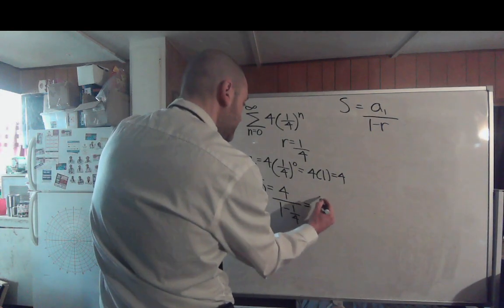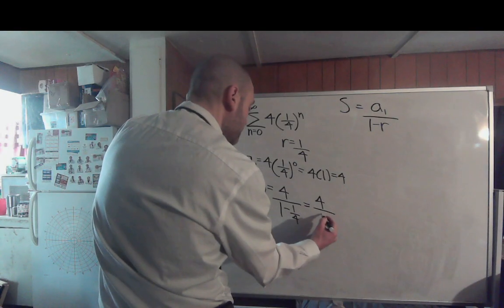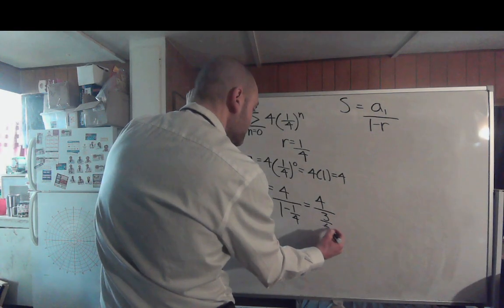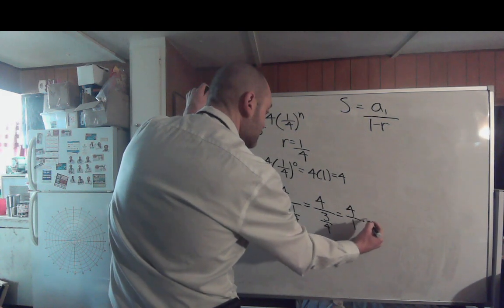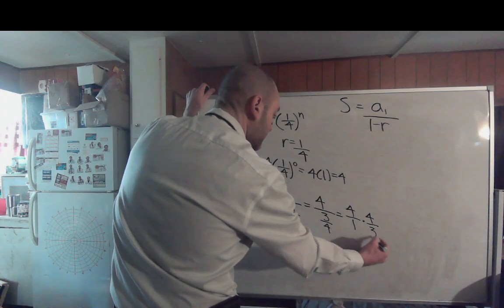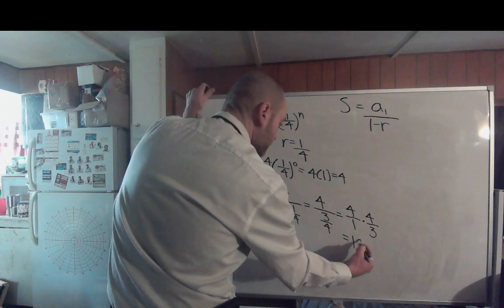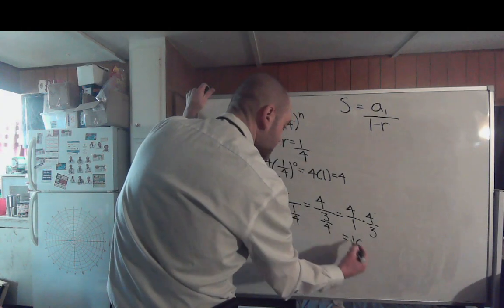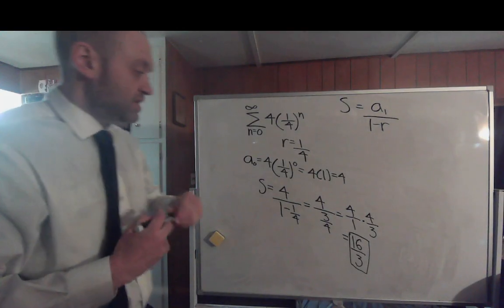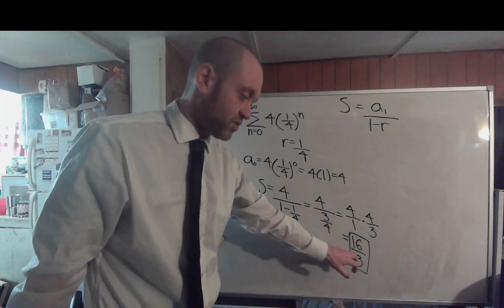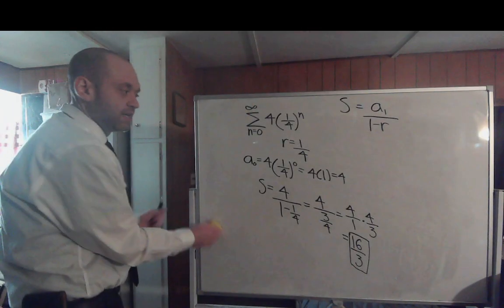So that's going to equal 4 all over 3/4, which would equal 4 times 1 times 4 over 3, which would converge to 16/3, or 5 1/3, however you choose to write this. The sum would converge into 16/3, or 5 1/3, however you'd like to write that.